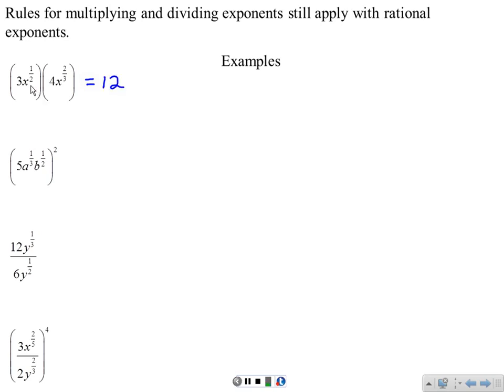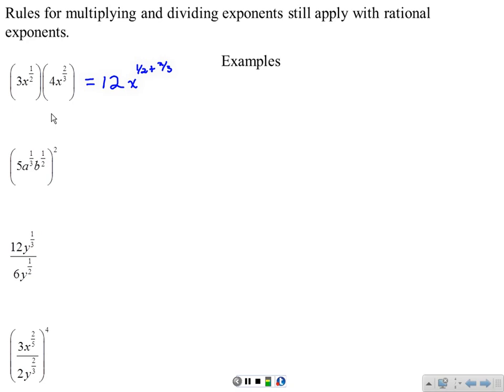And then when you multiply powers with like bases, you add these exponents. So you have x to the 1/2 plus 2/3. Now you don't have to write that out, but I did just so that you could see what's going on. When you multiply powers with like bases, you add those exponents.